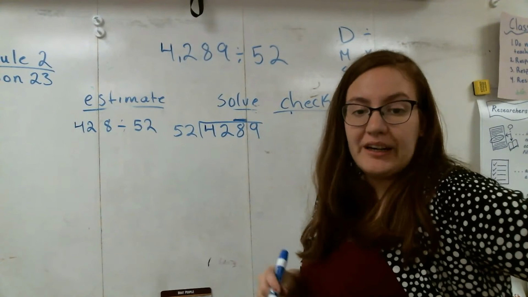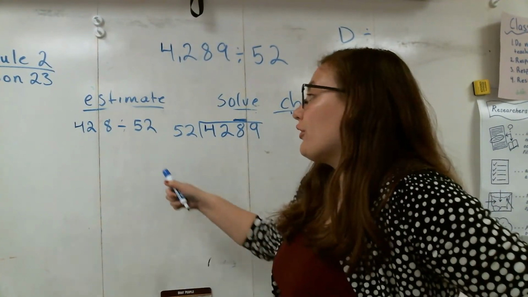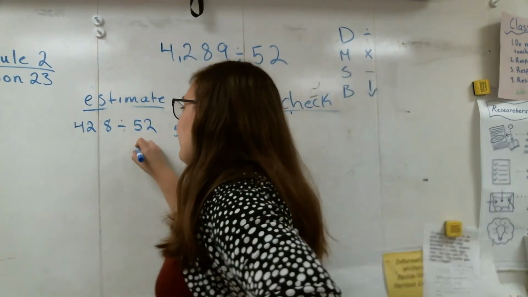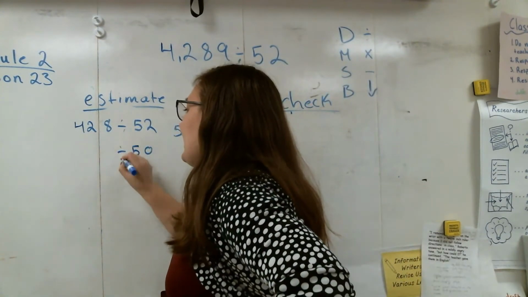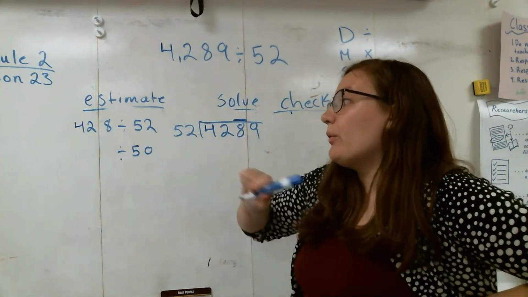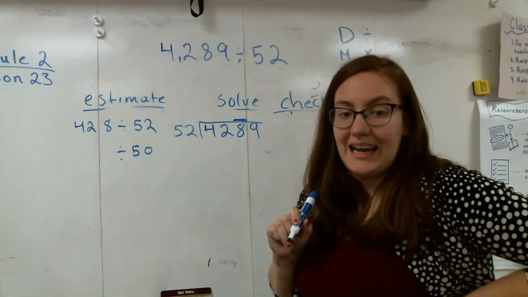To do this, remember we estimate, so we're just trying to round our numbers or change them. 52's closest multiple of 10 is going to be 50. And then I'm going to think about my multiples of 50, and which multiple of 50 is as close as I'm going to get to 428.